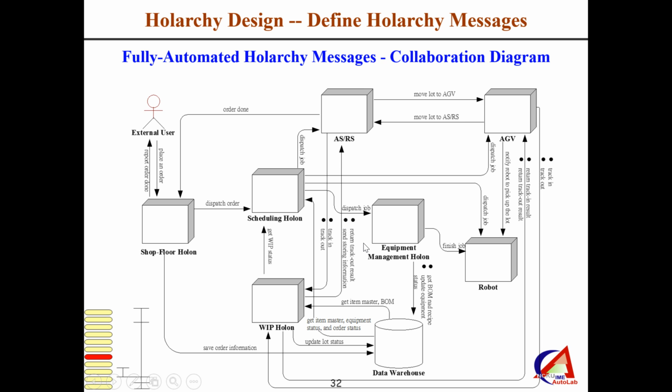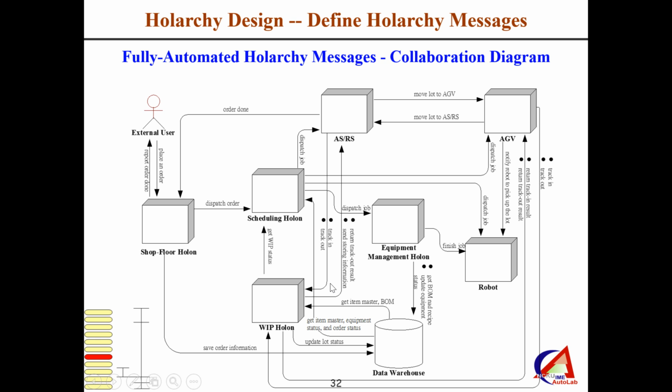Okay, so if, for example, the equipment manager will accept a dispatch job from the scheduler, and he will send a finished job to a robot, and he will send the status to the data warehouse, right? And of course, the WIP column, what the WIP column will do, and he has input and output.